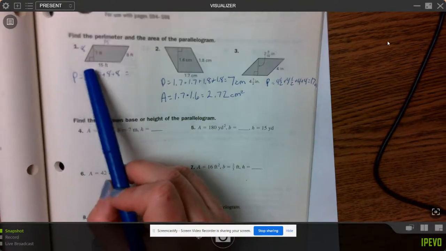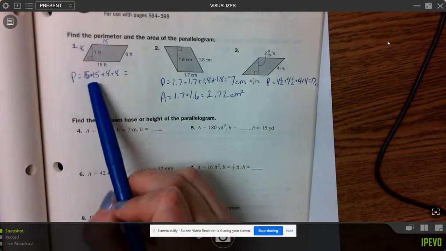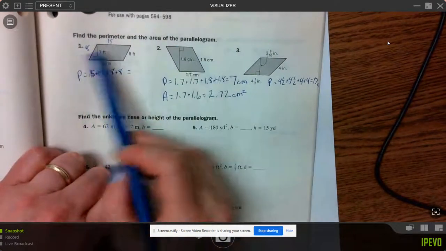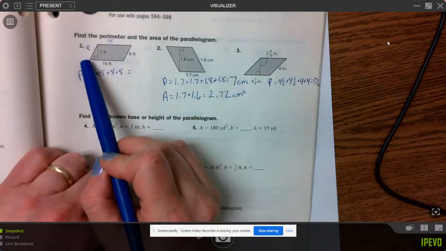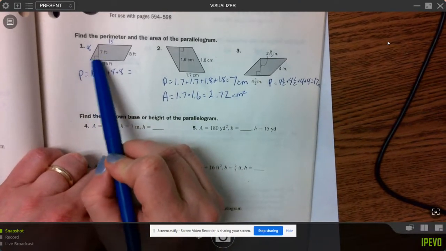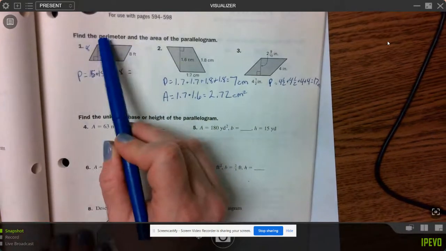To find the perimeter, you're going to add up all 4 sides. To find the area of the parallelogram, you multiply the base times the height. So you're always multiplying the base times the height for the area. For the perimeter, you add them all up.